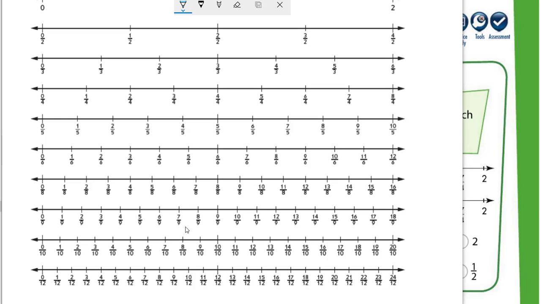So, my heroes, find 8/10. Everyone, quickly. Find 8/10. Can you see it? And use a pencil or a ruler or anything that you have to make a line.